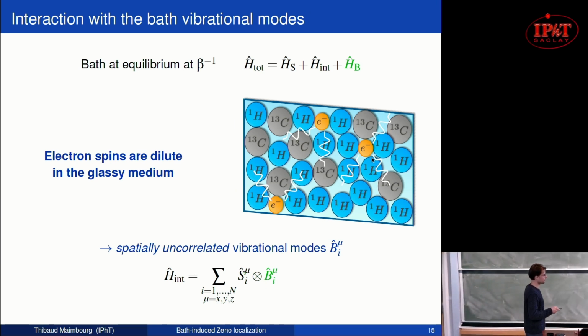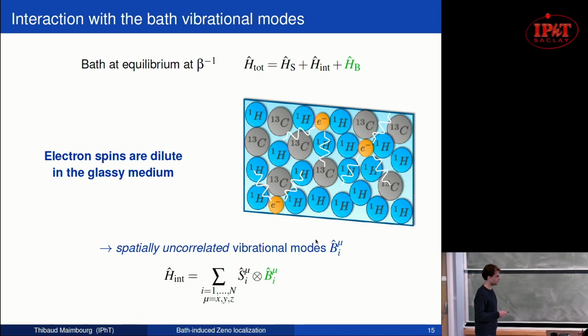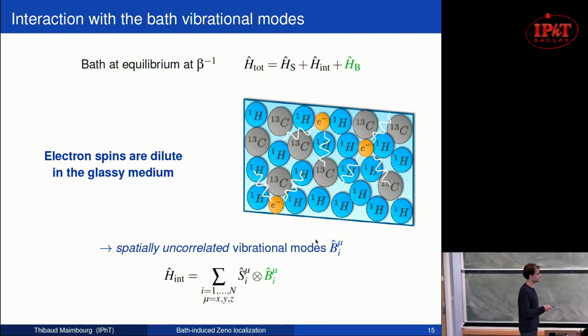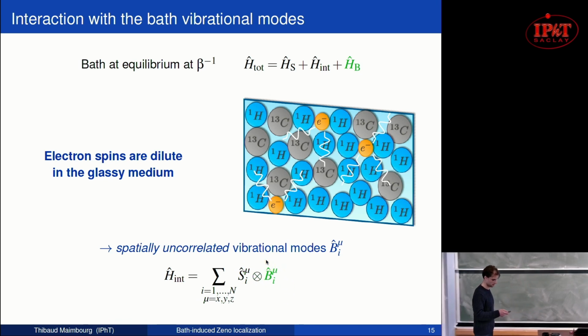So basically, I need those modes of the bath to decorrelate spatially between each spin. So the interaction that I'm taking in the following is typically you couple all the spins with some vibrational modes, bosonic modes here.